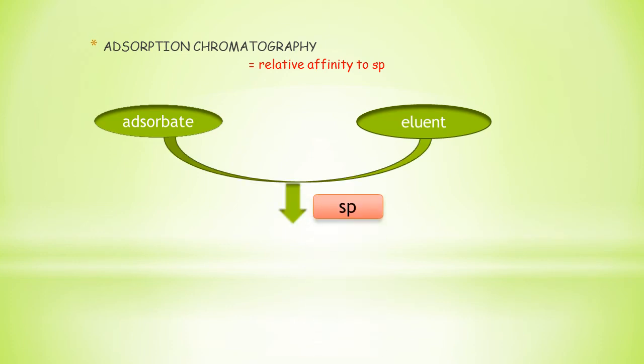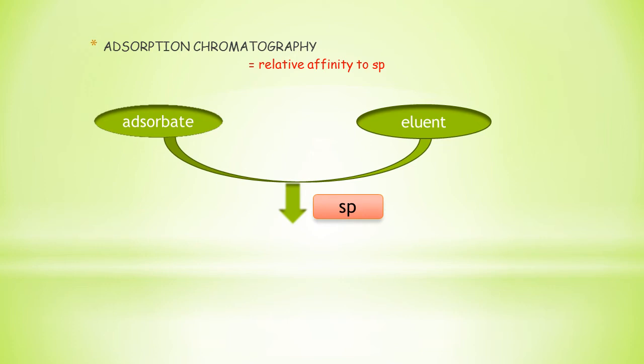Next we will discuss about adsorption chromatography. It is based on the relative affinity of the compound to stationary phase. We will be having adsorbate. Adsorbate is nothing but the mixture of compound which is dissolved in eluent, which is the mobile phase, and this we are subjected to the column of stationary phase.